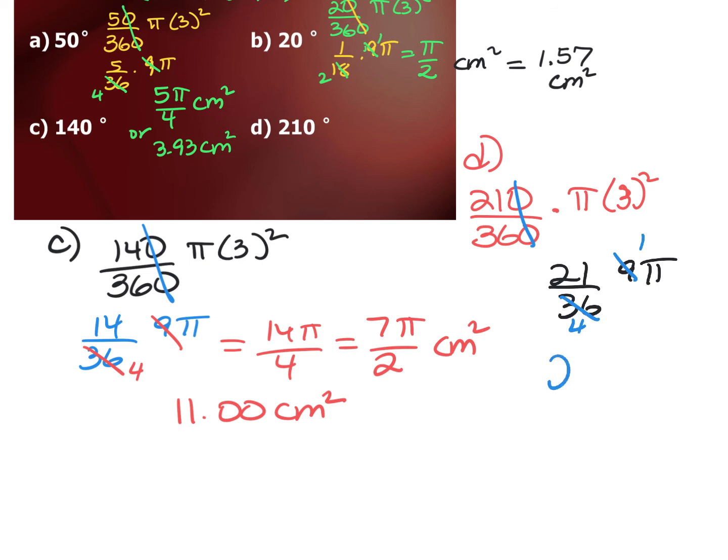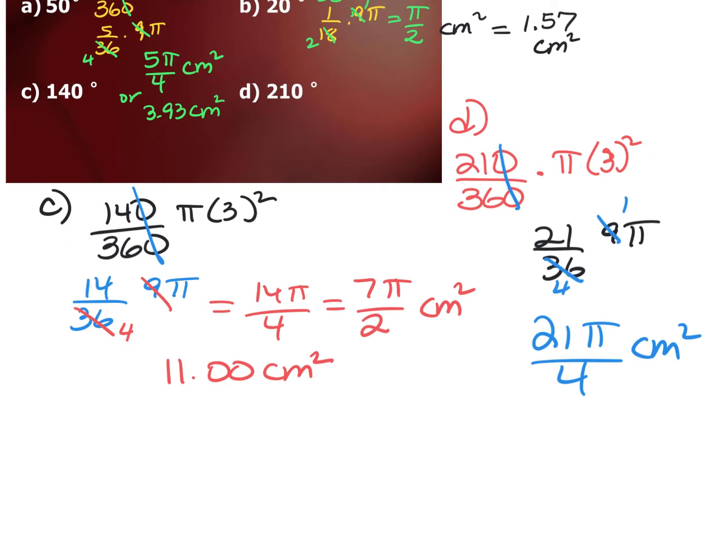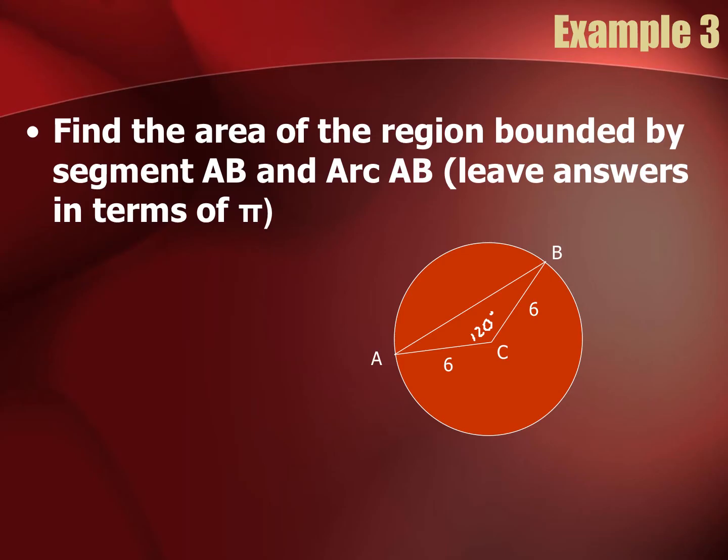And then you're left with 21 pi over 4 centimeters squared. Using your calculator's pi button, 16.49 centimeters squared. So this time it says find the area of the region bounded by the segment AB. So segment AB is right here.